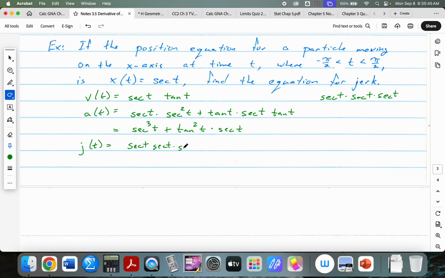So that'll be secant t tangent t. Plus, well, now we'll do the first and the third and take the derivative of the second, but that's just going to be the same thing, isn't it? And then we'll take the second and the third times the derivative of the first. They'll all be the same, and there'll be three of them.